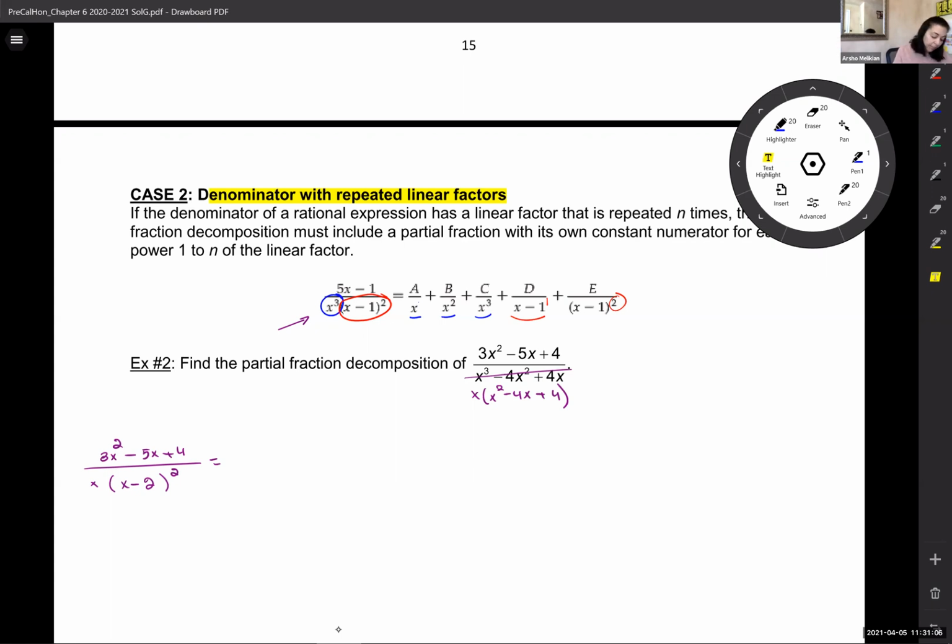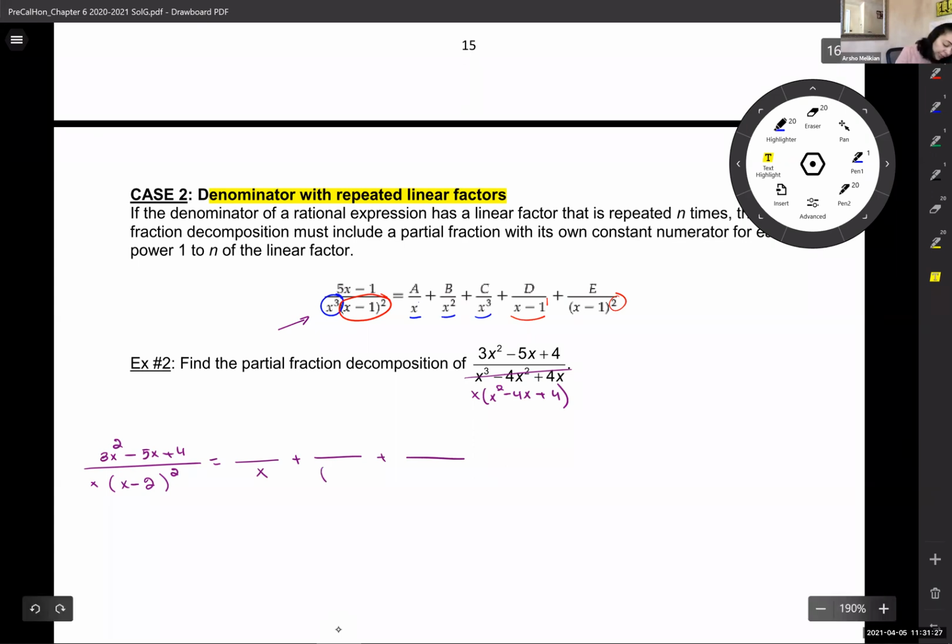Okay. Now, what are my factors in my denominator? I have an x, so I need 1 fraction for that. Plus, now I have an x minus 2 squared. Because the exponent is 2, I'm going to need 2 fractions for it.